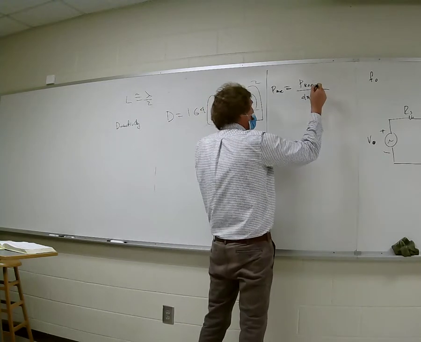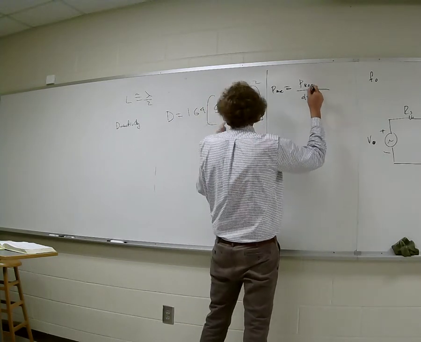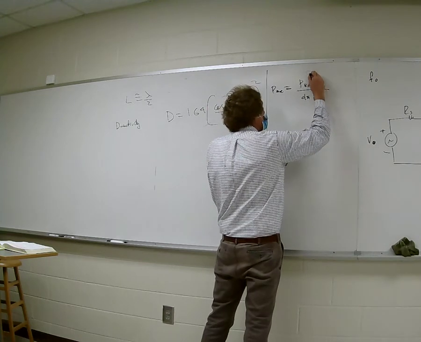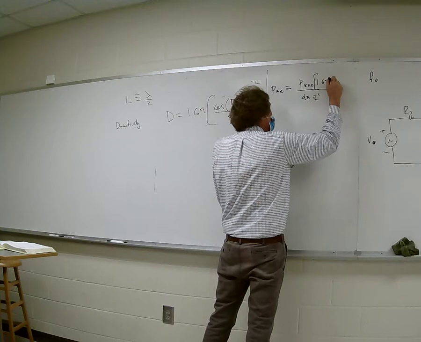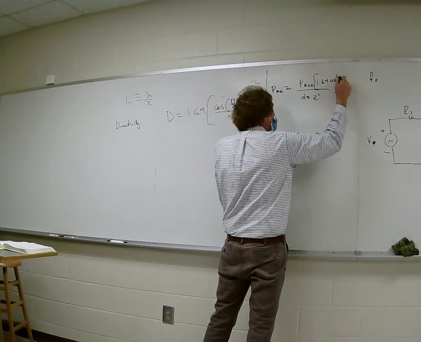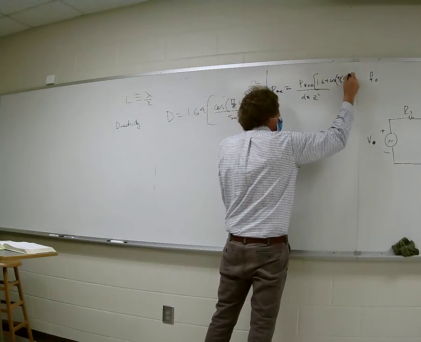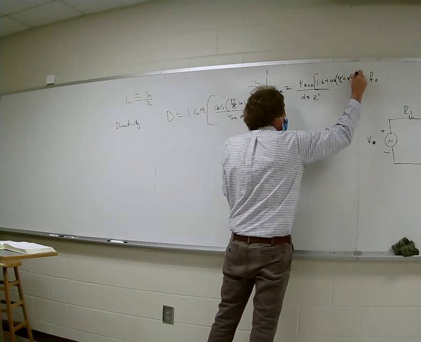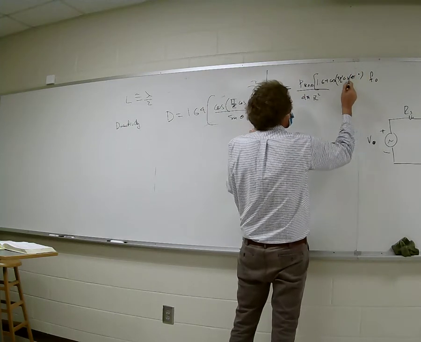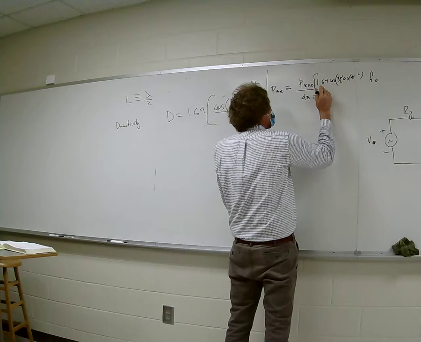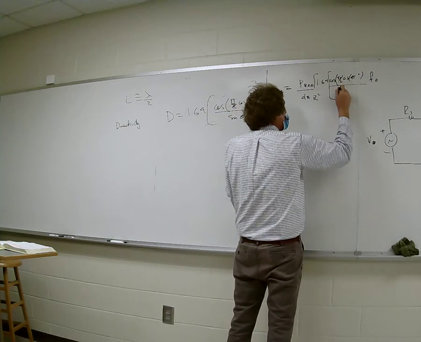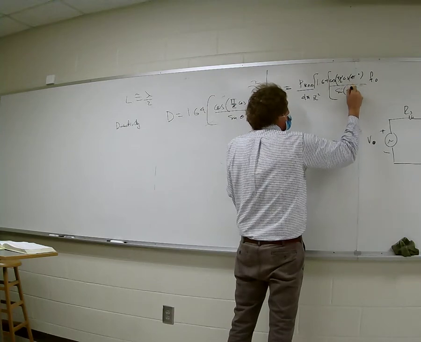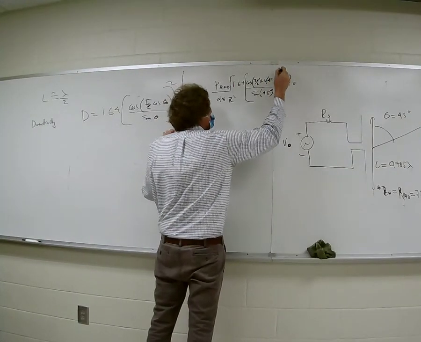Then it's going to be times the gain, which is 1.64 times the cosine of pi over 2 cosine, now it's 45 degrees, I might as well put that in there, over the sine of 45 degrees. And I've got to square that.